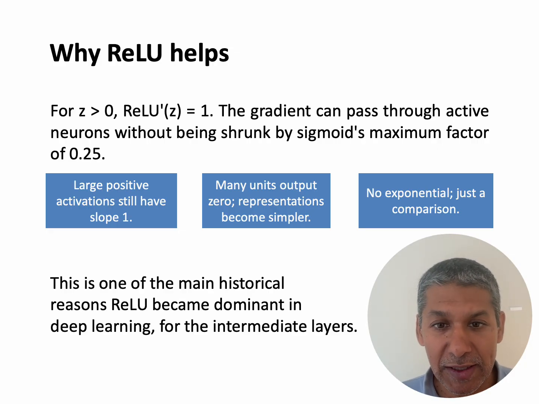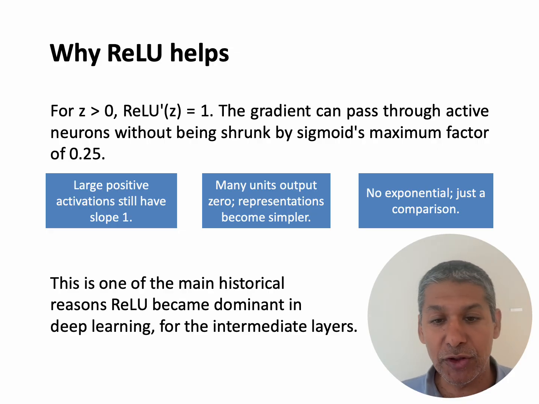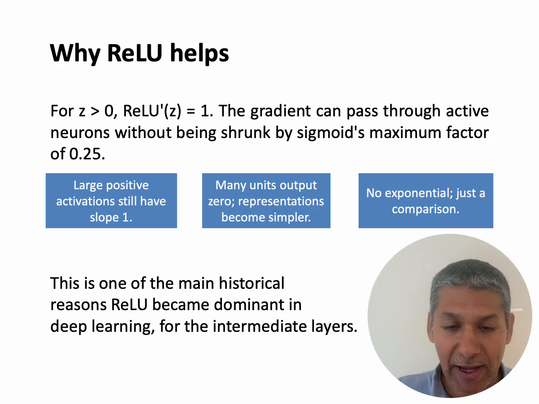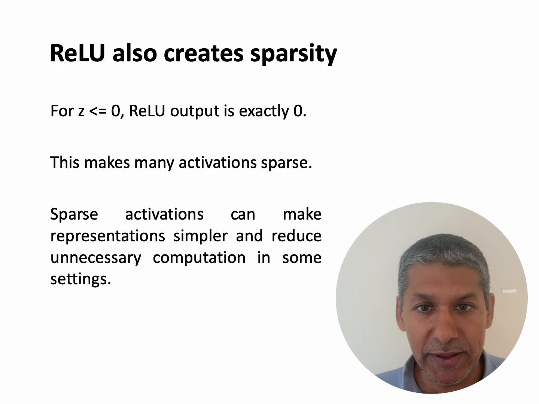So that's one of the main historical reasons that the ReLU became dominant in deep learning for the intermediate layers, even though the more complicated function, the sigmoid function, came prior to ReLU. So that's the interesting aspect of it. Now, ReLU also creates sparsity. What does that mean?